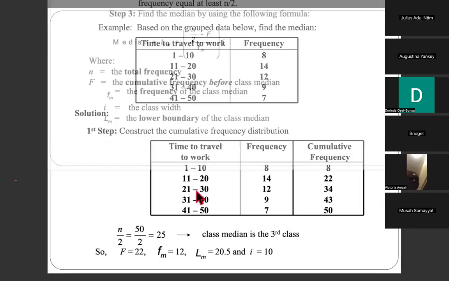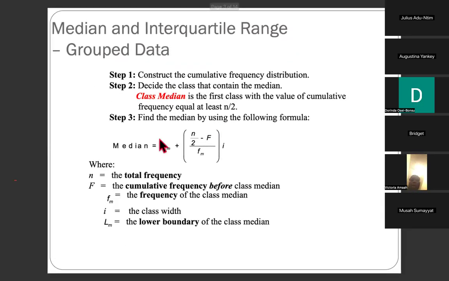So that is what this formula is there to help us. This LM here is the lower class boundary. This F here is the cumulative frequency before the median class. This F here is the frequency of the median class. And this I here is the class width.